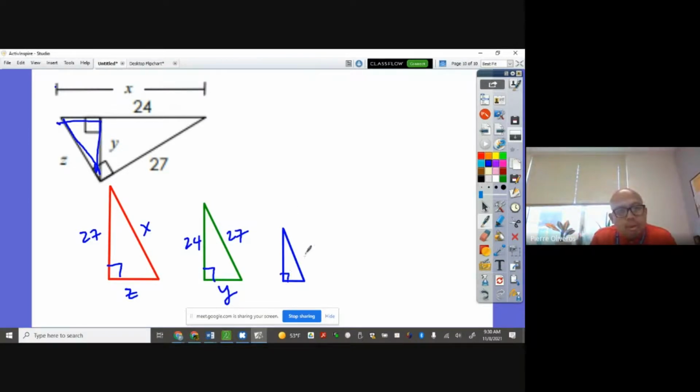The hypotenuse is z because that's 90 here, and the back is y, which is the longer leg. And this portion here is the difference of x and 24, so that should be x minus 24. Okay? So what do we do here?